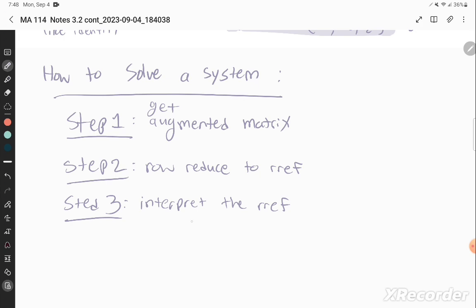So that means, what type of solution is it? So infinitely many, only one, or no solution. And if it has exactly one, what's the solution?